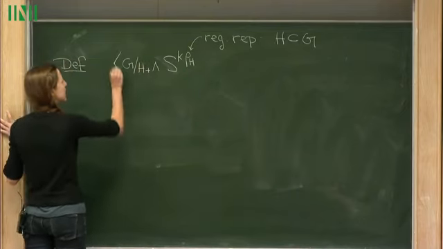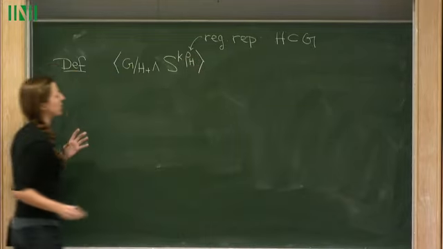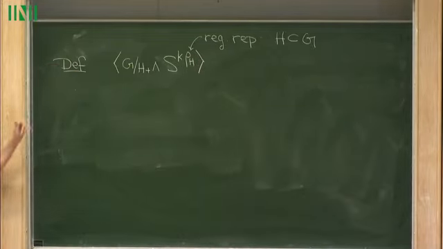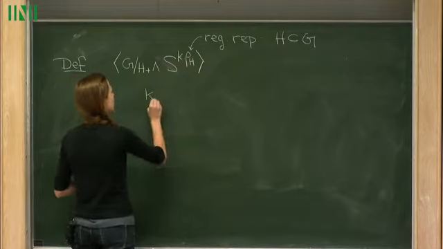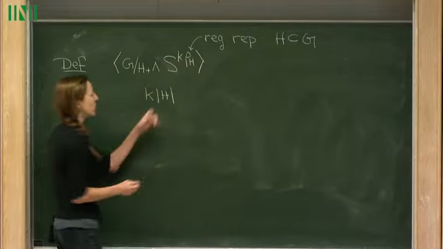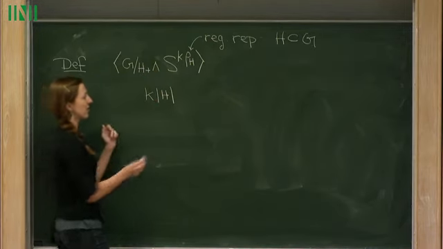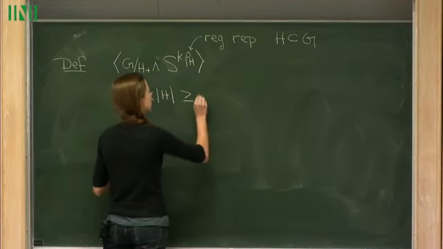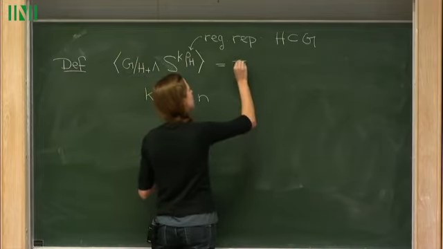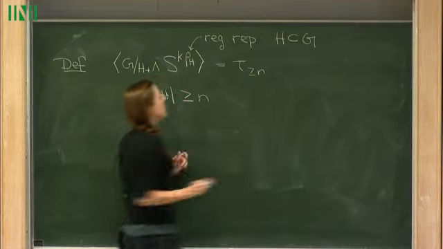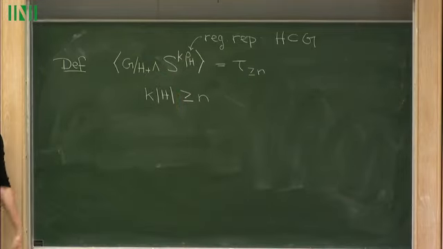And if I take the localizing subcategory of G spectra generated by these objects, where I'm only going to take the ones where the dimension of the underlying sphere is greater than or equal to n, these form our categories tau greater than or equal to n, I'll just say tau n, that are the categories that we use to construct the equivariant slice filtration.